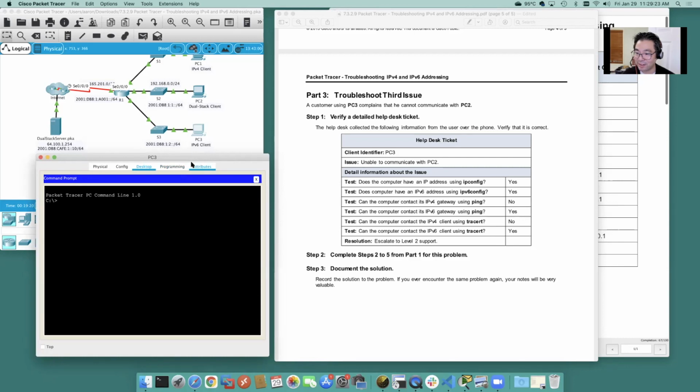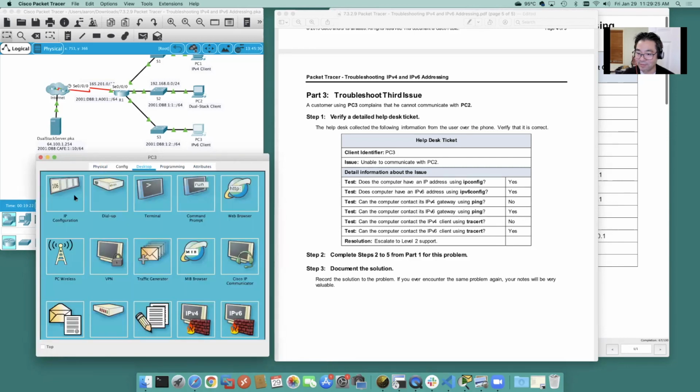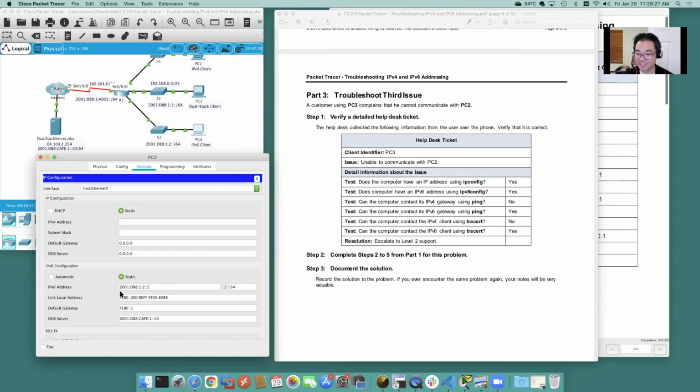Because if they are, I don't think they're going to get very far because this is just IPv6 here. It's going to have to be just IPv6 for PC3 to PC2.